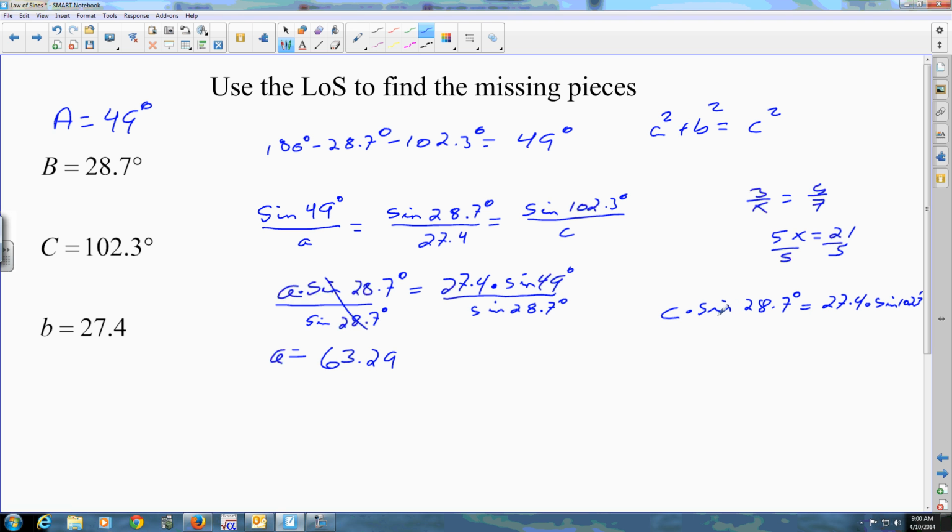Okay, I need to divide this out, so I'm going to divide out the sine of 28.7. Type it in your calculator, and you get C is about 27.4 sine 102.3 divided by the sine of 28.7.